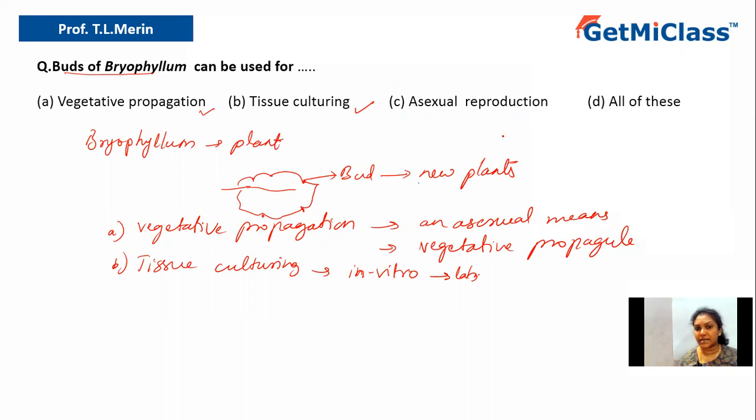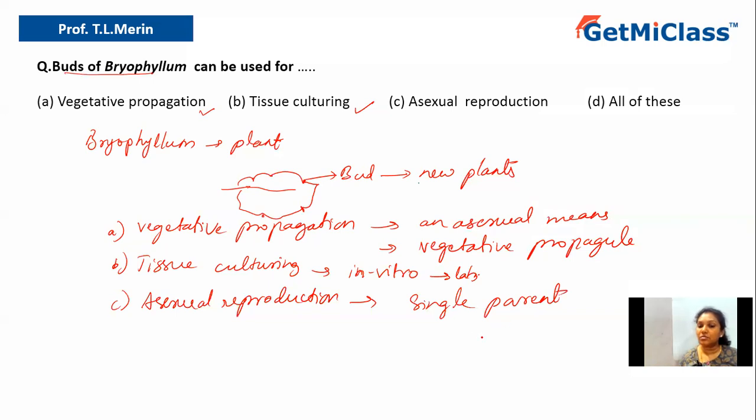Option C says asexual reproduction. What do you mean by asexual reproduction? It is reproduction where only one parent is involved. From the same parent, we can produce more offspring, even in nature.